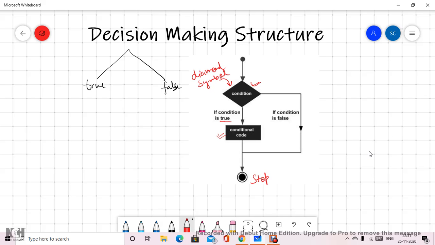Suppose for going to your house on a particular road, you have some turns and you have to take any one of the turns, either a left turn or a right turn.